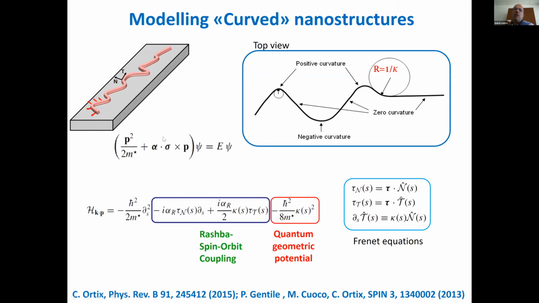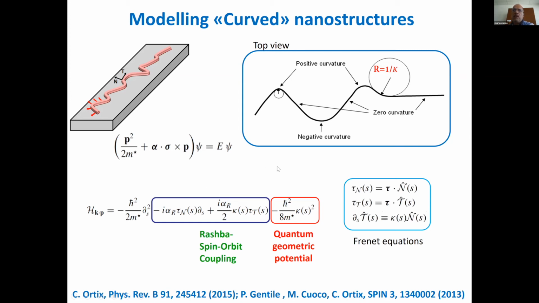It turns out that when you write down your Hamiltonian, instead of having a Rashba field which is uniform, you have a Rashba field which can change direction because the momentum is changing along the trajectory. Then you have to introduce the curvature of your channel, and this will appear explicitly in the Hamiltonian, and there is also a quantum geometric potential, which is a pure quantum effect you obtain when you confine your electrons on a curved nano profile.